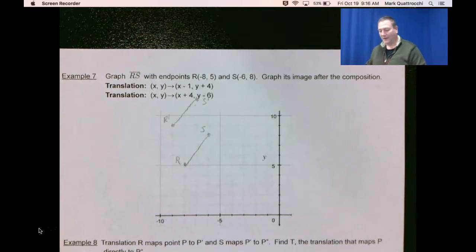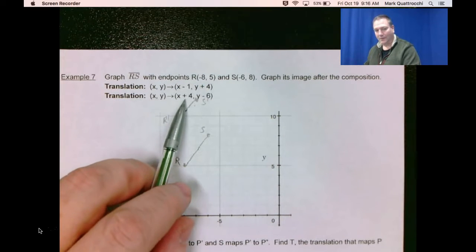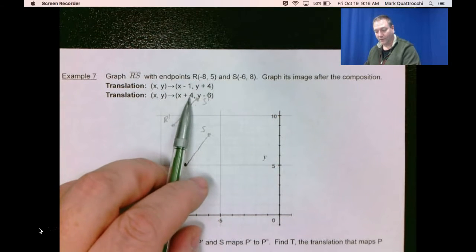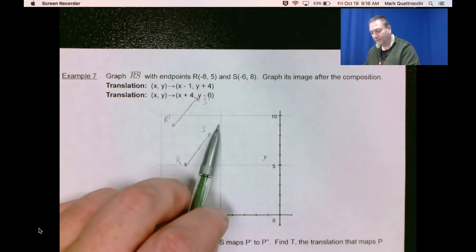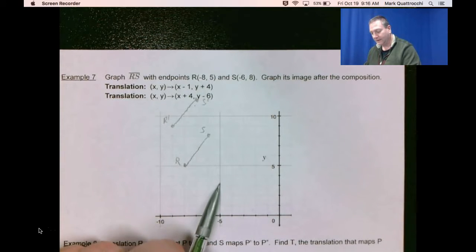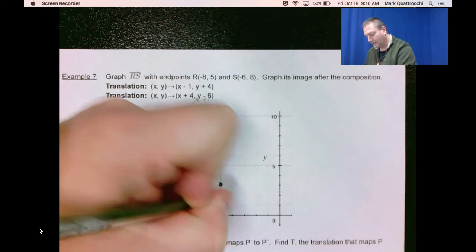That's R prime, S prime. And now we're going to apply to this segment the translation: to the right 4, down 6. To the right 4, 1, 2, 3, 4. Down 6, 1, 2, 3, 4, 5, 6. And this is now R double prime.